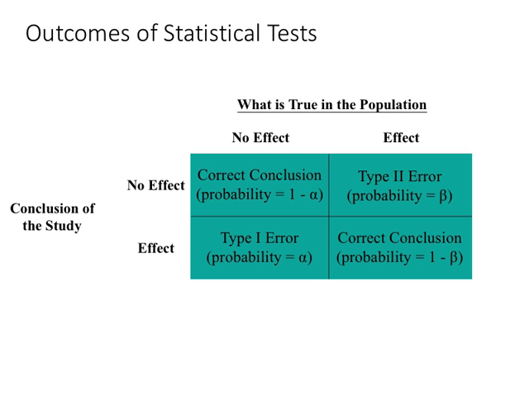So 1 minus beta is 0.8. And this is statistical power. So this square, the lower right hand section, that's statistical power. 1 minus beta would be statistical power. So those are the two correct conclusions.